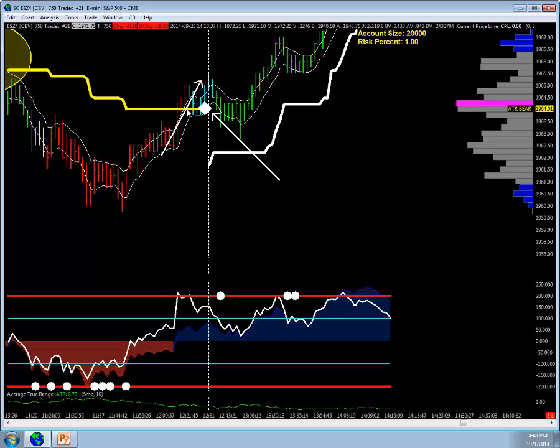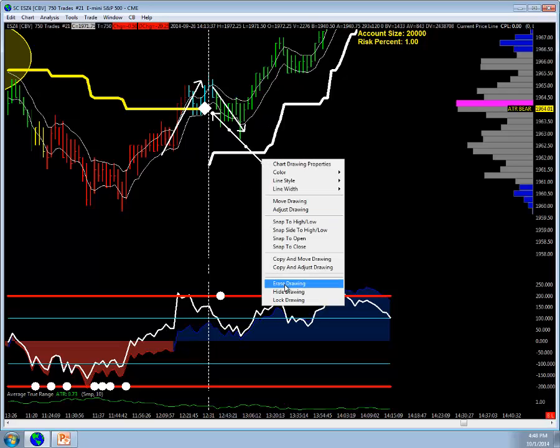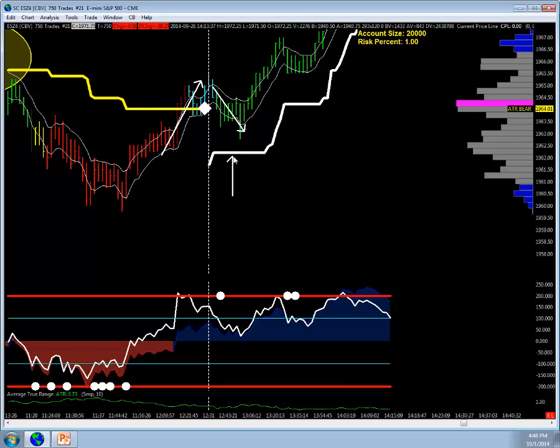Is there enough energy in price to effectuate a shift? And if the answer is yes, and it effectuates a shift up through the ATR line, then I want to buy or look to buy that pullback to the ATR line. And now that new ATR line, which is the white one, becomes dynamic support.